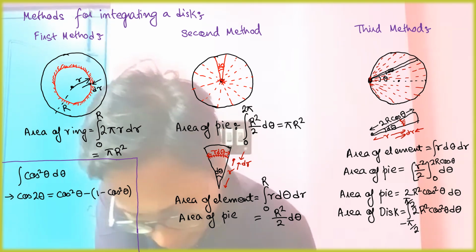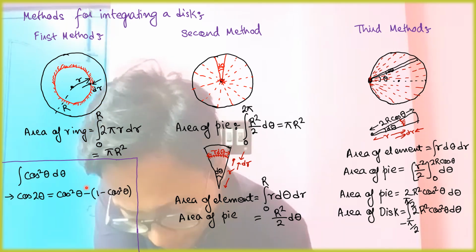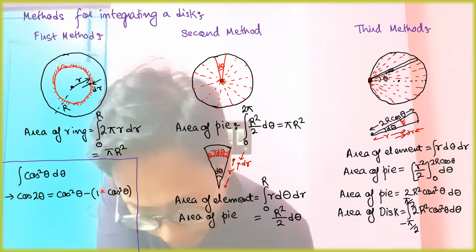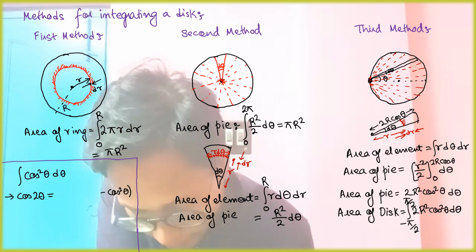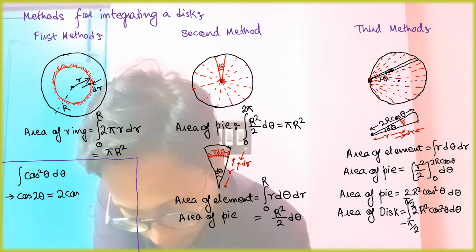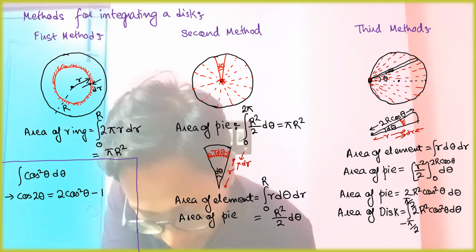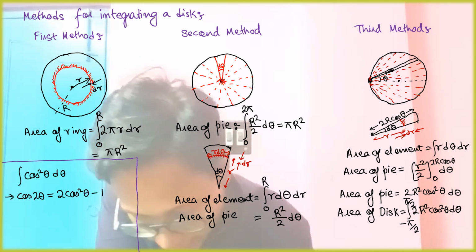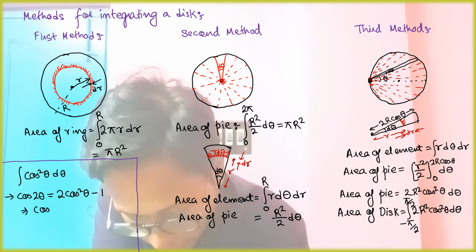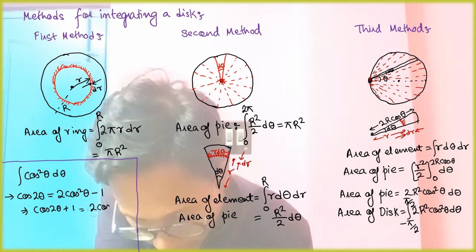Now see, this cos square theta and this cos square theta would get added, minus and minus becomes plus, so it will become 2 cos square theta minus 1. So this entire term would become 2 cos square theta minus 1. I'm just playing mathematics out here. Okay, so if I send the 1 to the left hand side, cos 2 theta plus 1 is equal to 2 cos square theta.